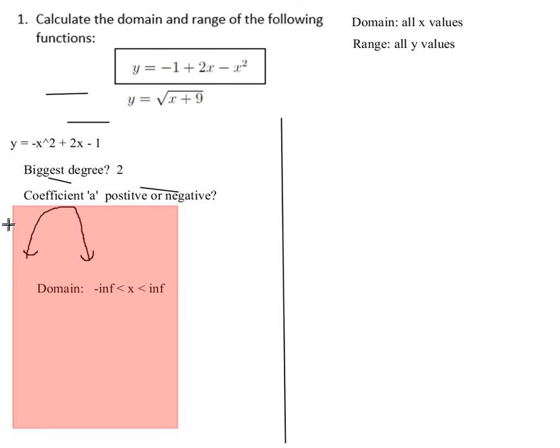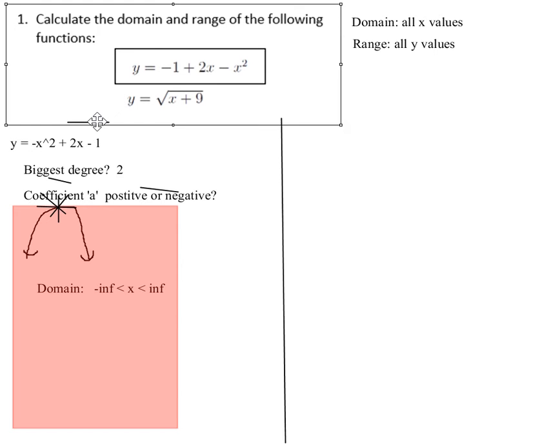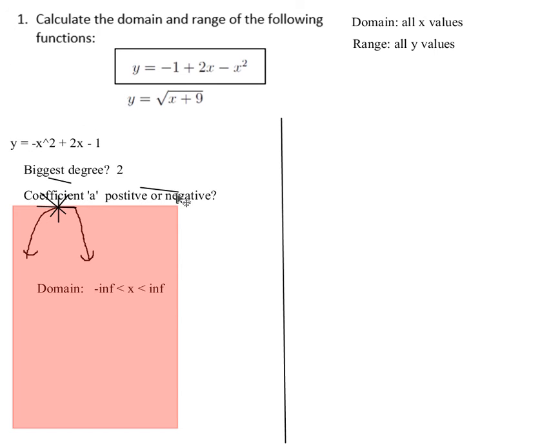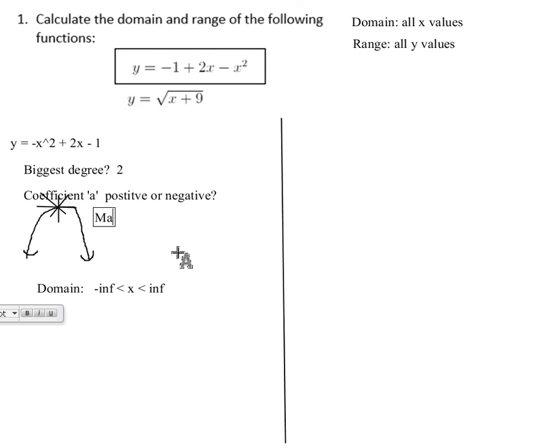Because this point here is the maximum of the graph. It does not get more than that. So that's the maximum.